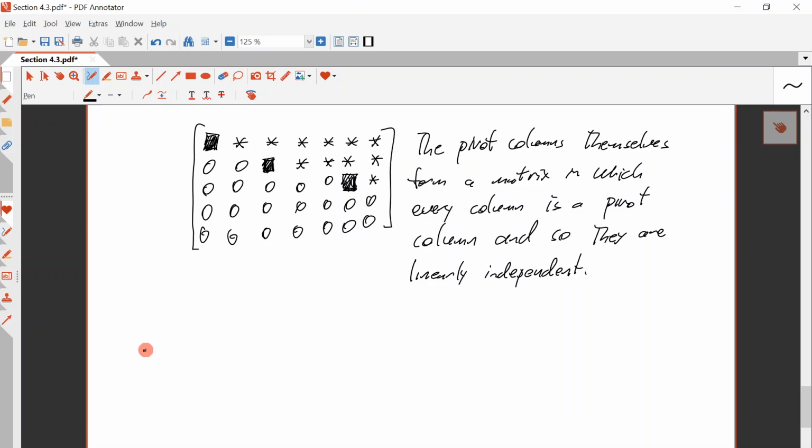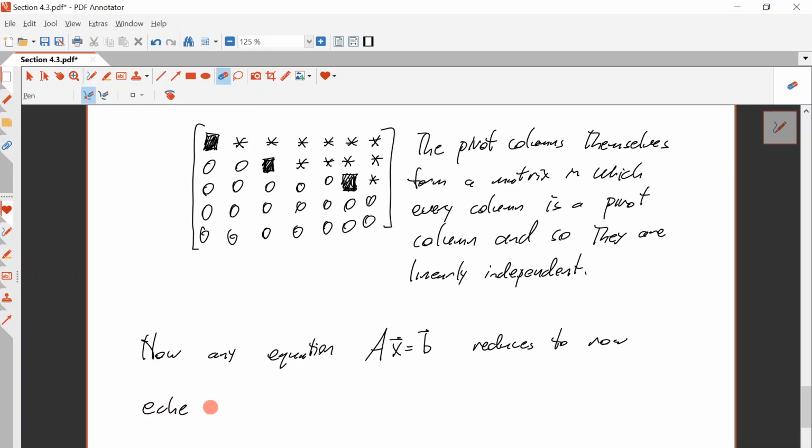Now, any solution to A times x equal to b reduces to row echelon form. So you have a new matrix instead of A. What should we call it? A_R times x equal to b_R.